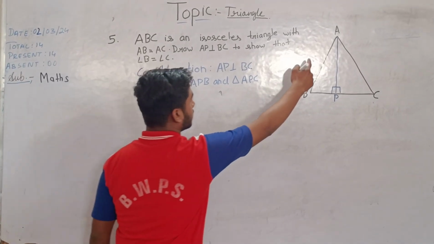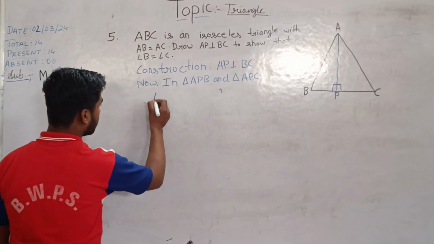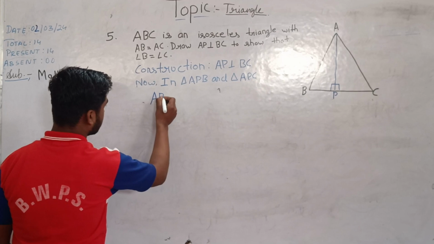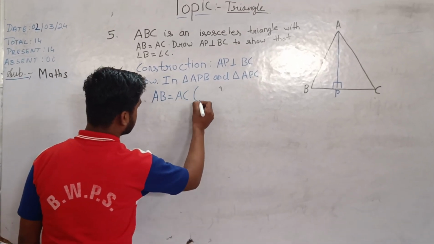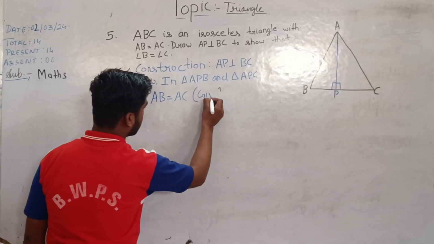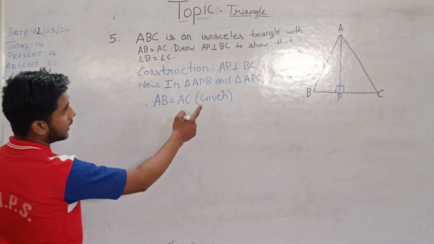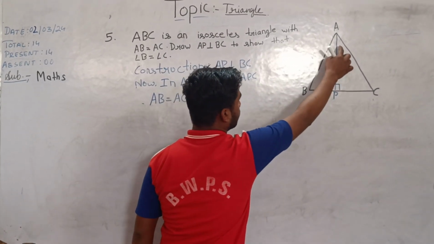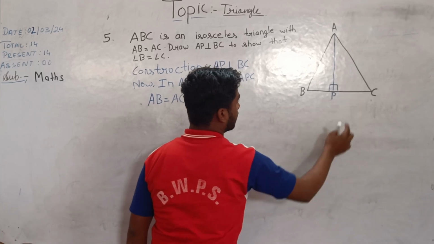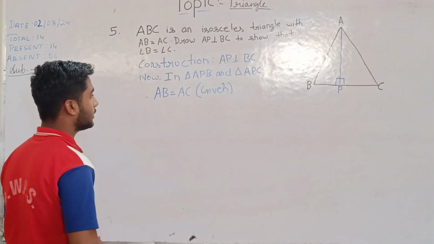We know that AB is equal to AC, so we can write here AB is equal to AC, given. And angle APB is equal to angle APC because both are perpendicular and making a 90 degree angle.